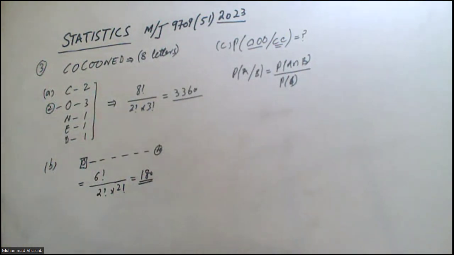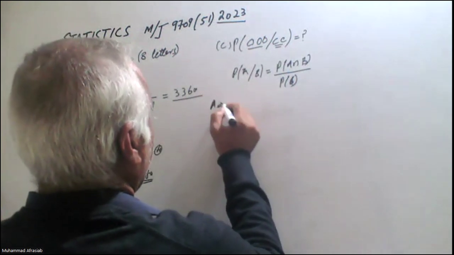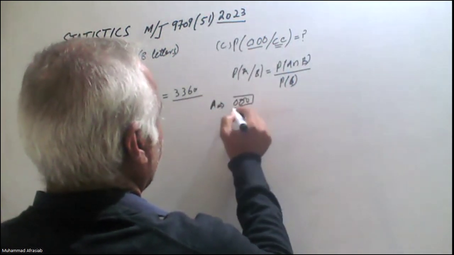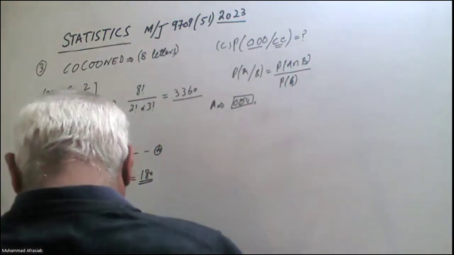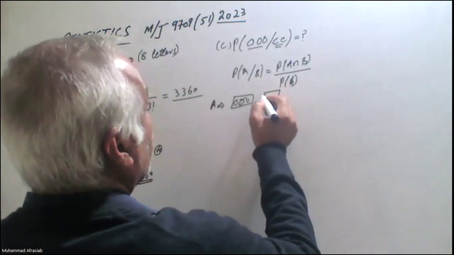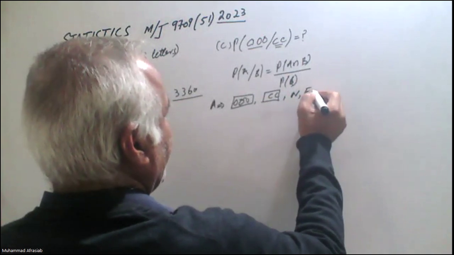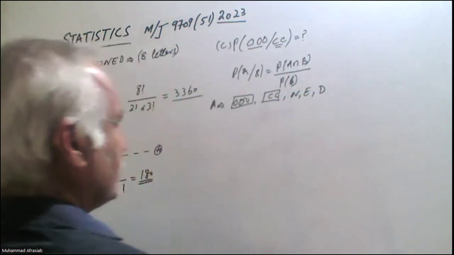So we can make that option in this way, that all O's are together, that is represented by A. So option A is all O's are together. And then the two C's are together, and the rest of the letters are left, N, E, D.